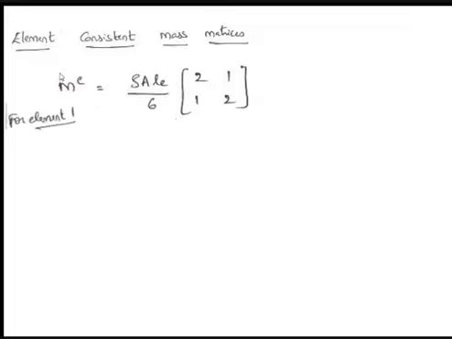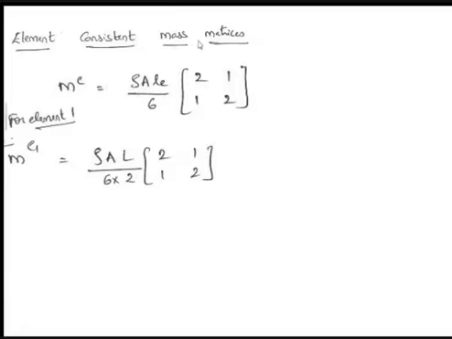So for element 1, rho A L_e by 6, then L is given by L by 2. So 6 times 2 is 12. I'll just simplify that. That becomes rho A L by 12 times [2 1; 1 2]. So this is my mass matrix for element 1.